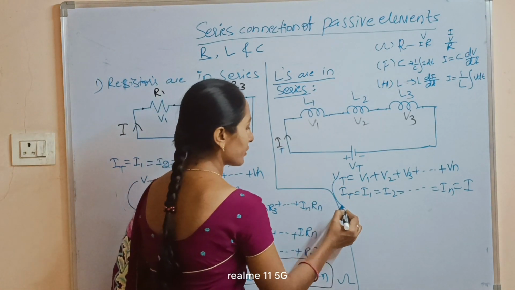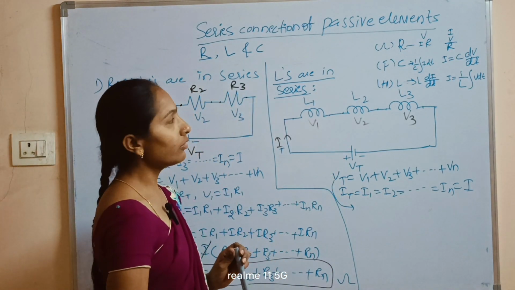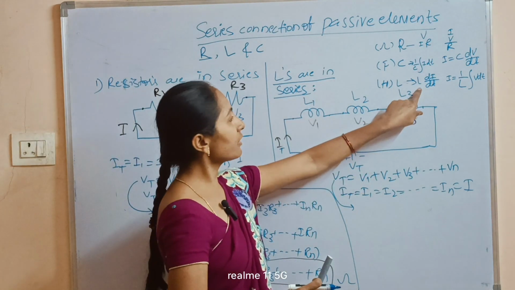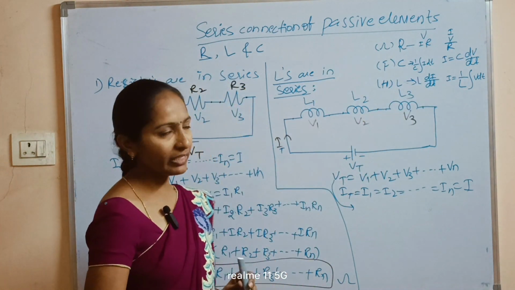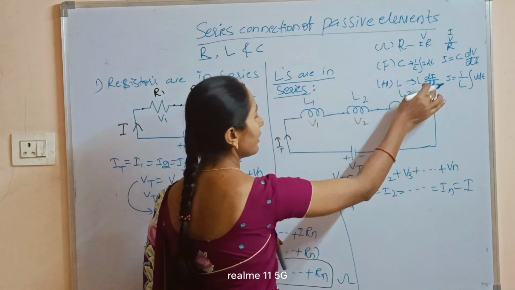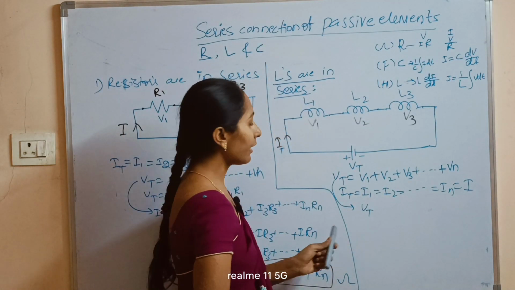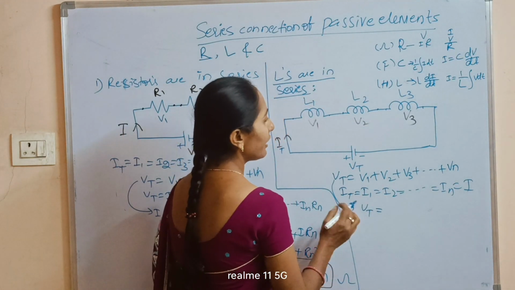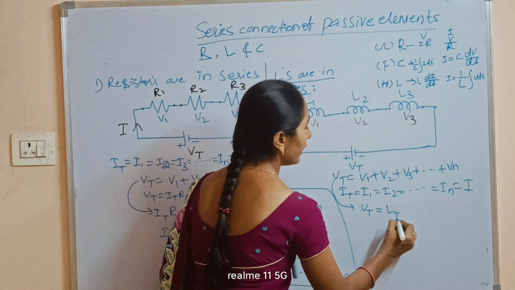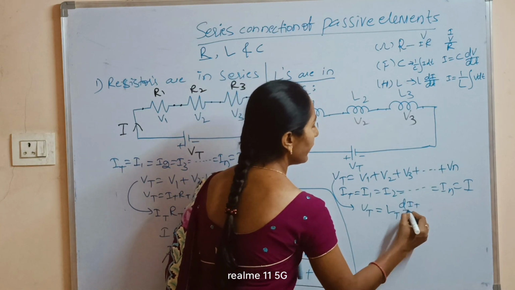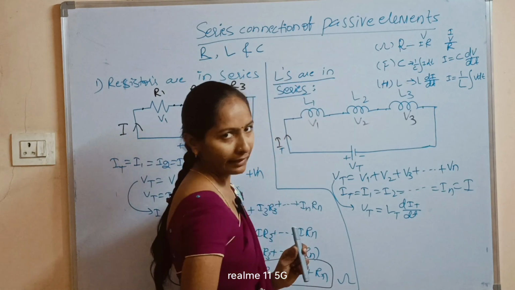Now from the voltage equation, what is the voltage across an inductor? L into di by dt. So using this formula, V total is nothing but L total into di total by dt. Like that we can write.